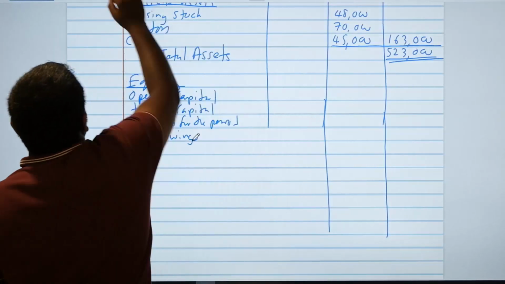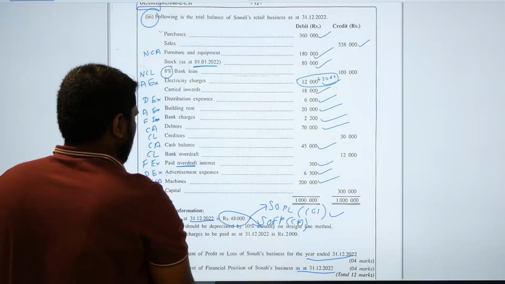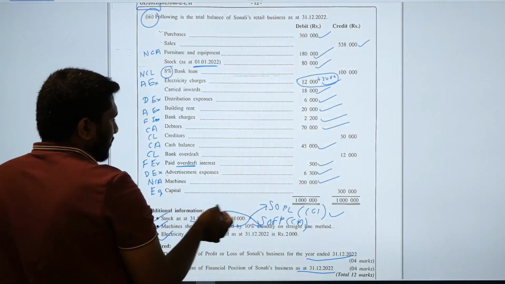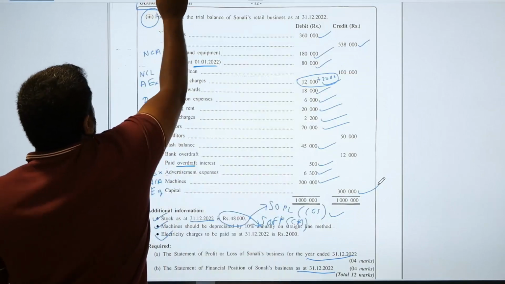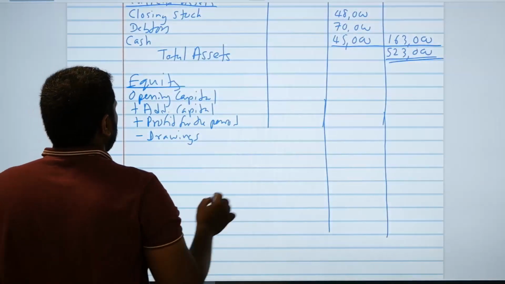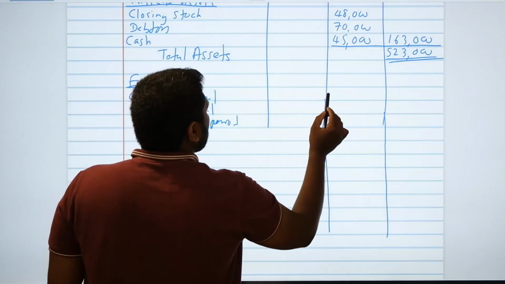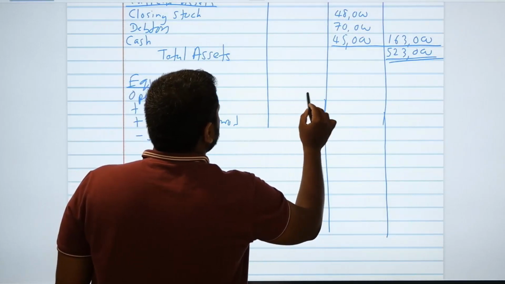So in this question, they are not required to tell it is opening capital. It is the opening capital, which is 300,000.